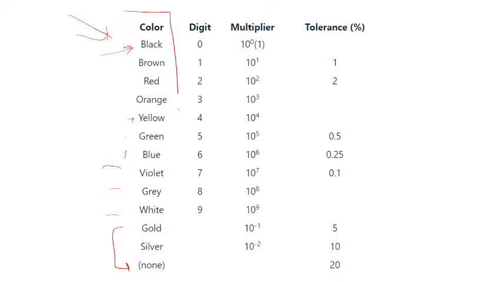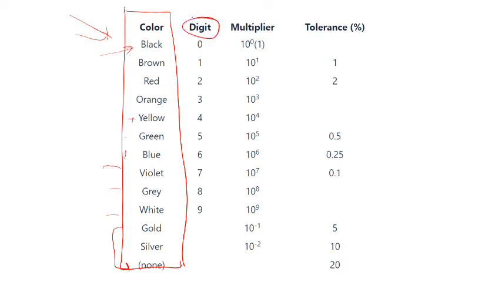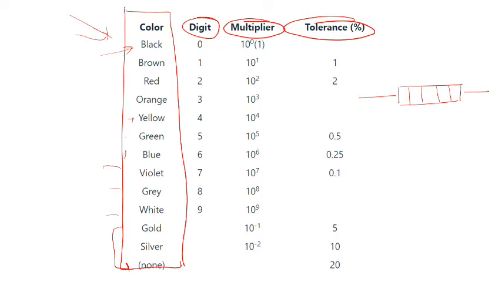So this is the list of possible color bands which could be printed on that label, and corresponding to each color we have three values: digit, multiplier, and tolerance. Generally you will be getting a carbon resistor in your labs having 4 color bands or 5 color bands.